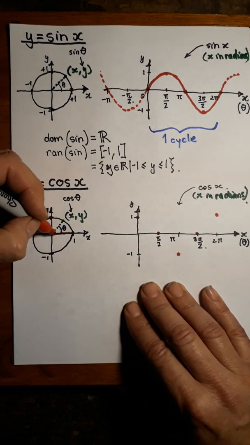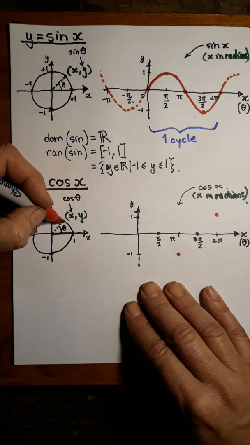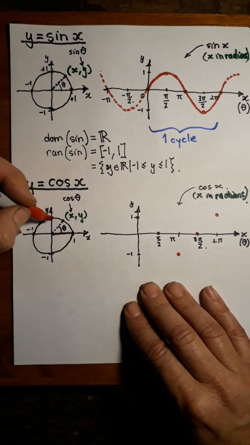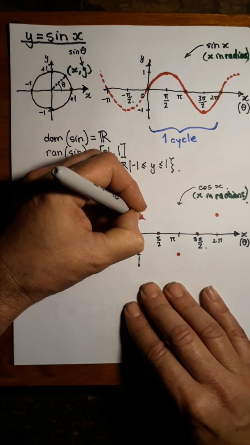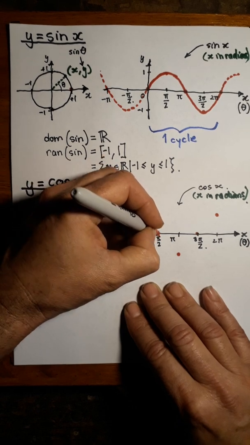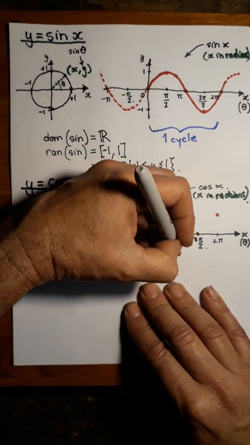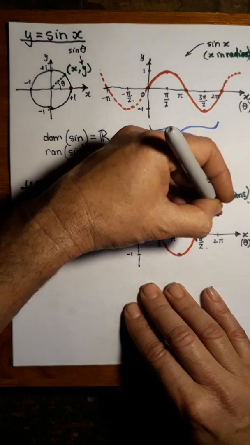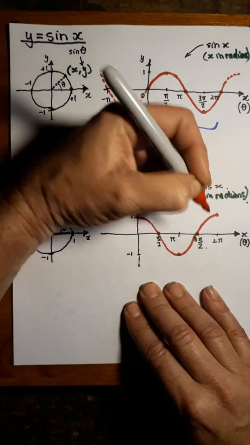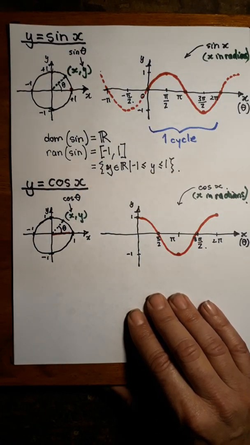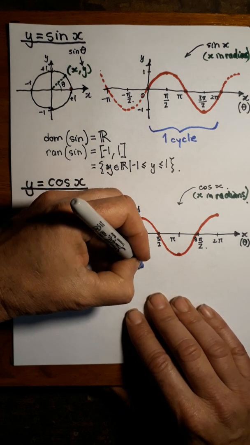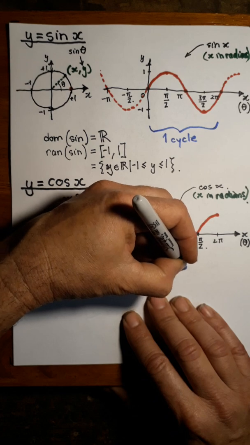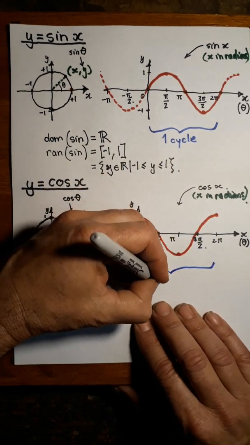But if we were to plot other angles like pi on 4, which would be 1 on root 2, pi on 6, pi on 3, we'd actually get a shape that's roughly like this for cosine. Yep, that is a bit rough. Okay, and just to note that what we see there is one cycle of cos.